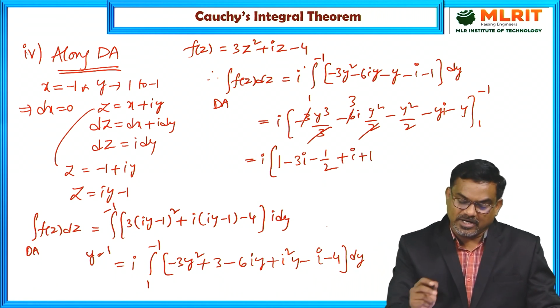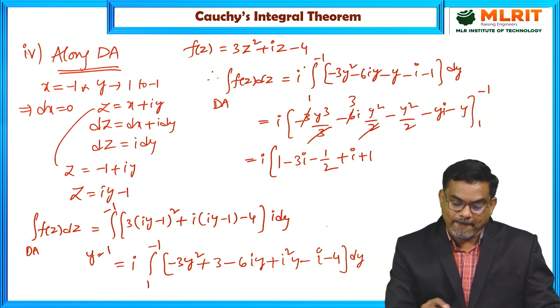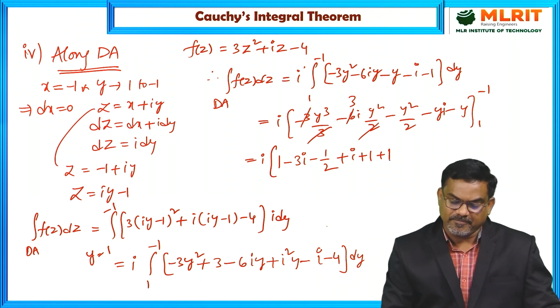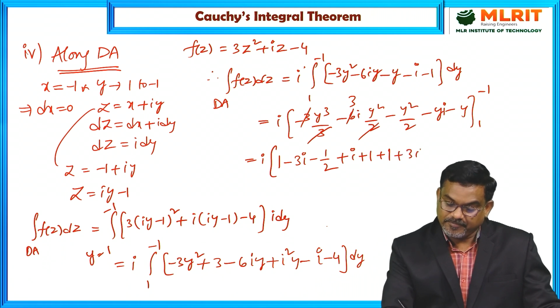Now for the lower limit we get one more negative sign. So minus minus plus 1, the 3 gets cancelled, so plus 1, minus minus plus, so 3i.